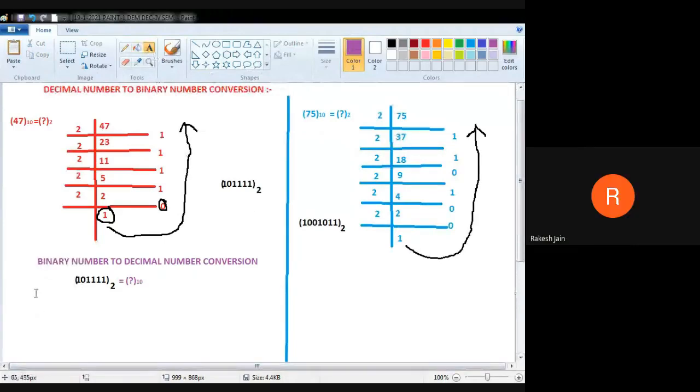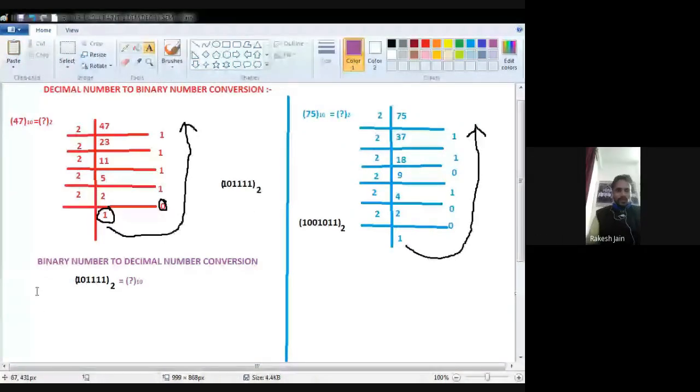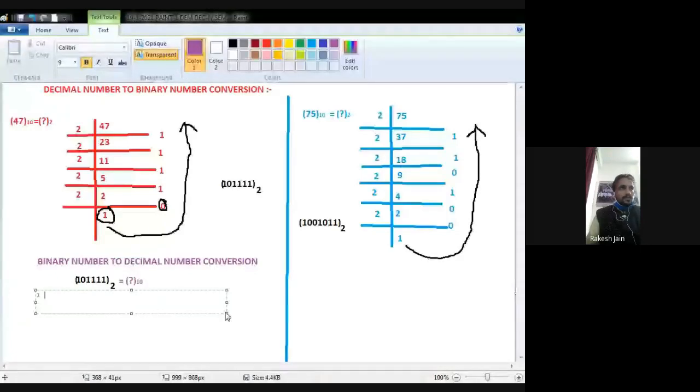First of all, just write down the number with each digit separate. So 1, then 0, 1, then 0, then 1, then 1, then 1, and then 1.